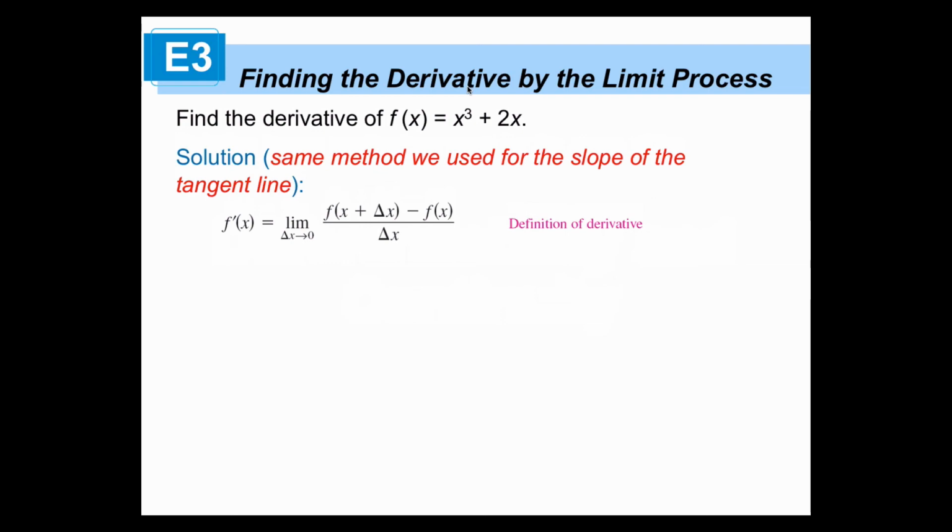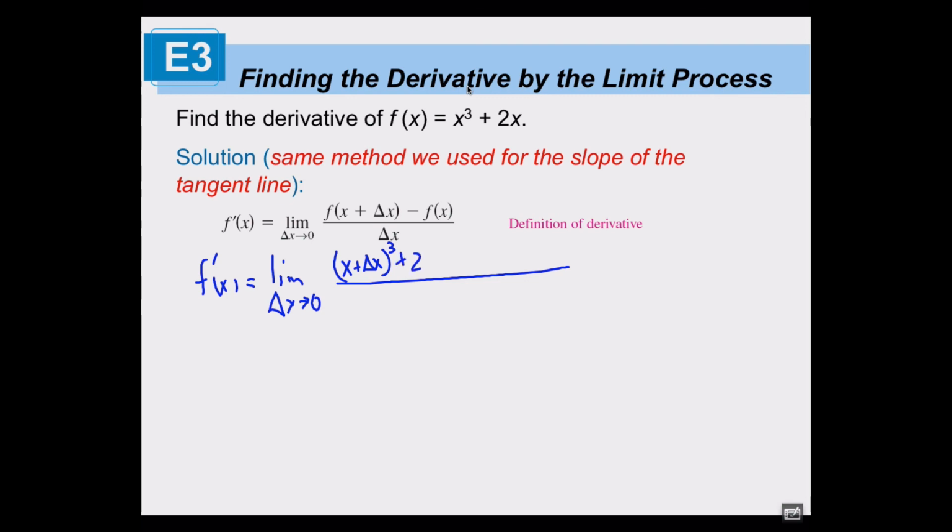So let's set this up. We won't do the calculation because it is a little nasty. What would this derivative be? F prime of x would be the limit as delta x approaches 0 of x plus delta x quantity cubed plus 2 times x plus delta x minus parentheses, very important.